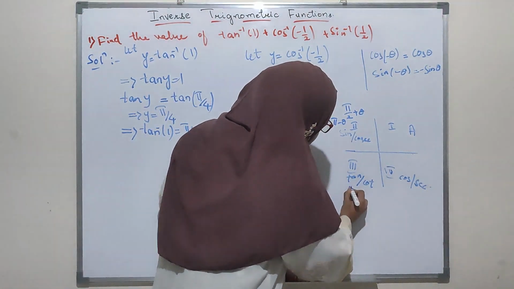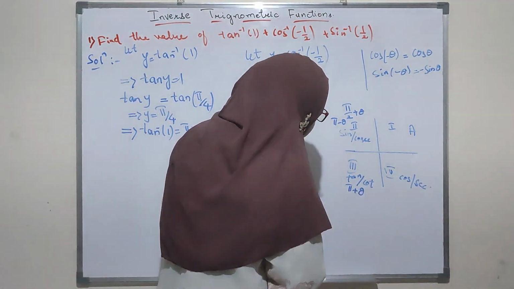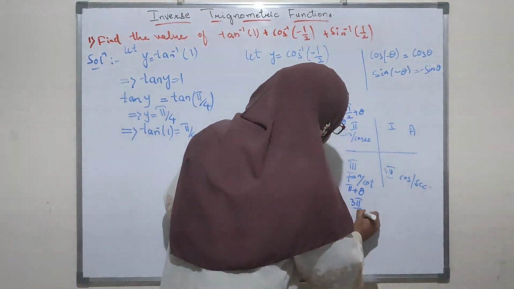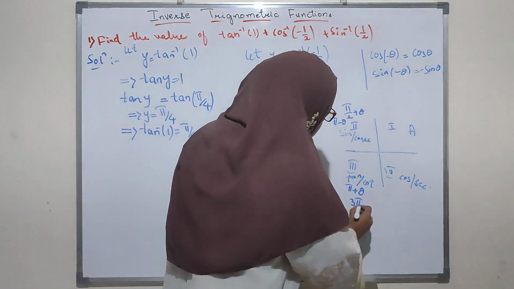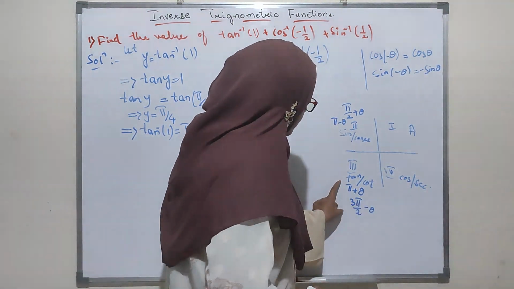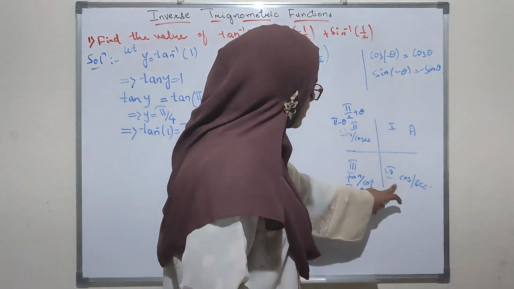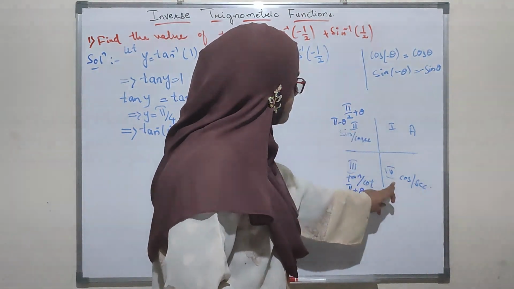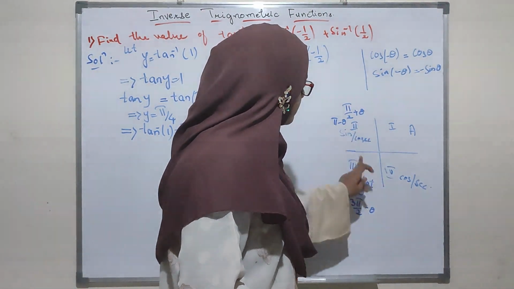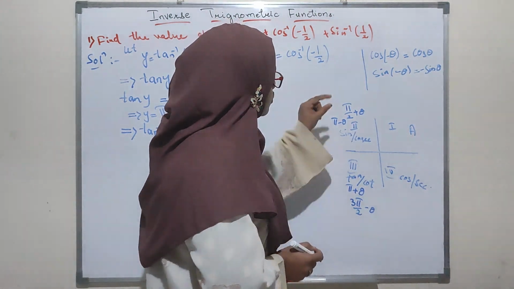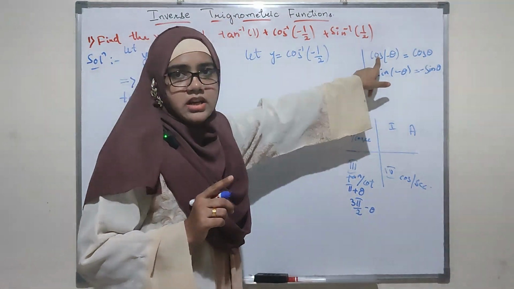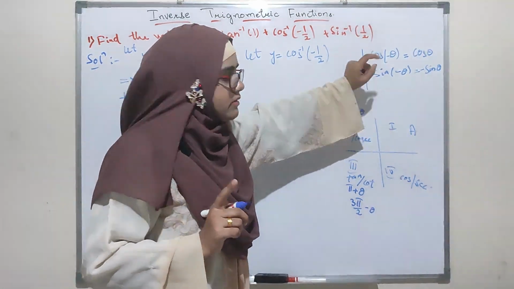Here pi plus theta and 3 pi by 2 minus theta, these two values come in the third quadrant. So we have to choose one value for which we will get cos of minus theta remaining as our value.